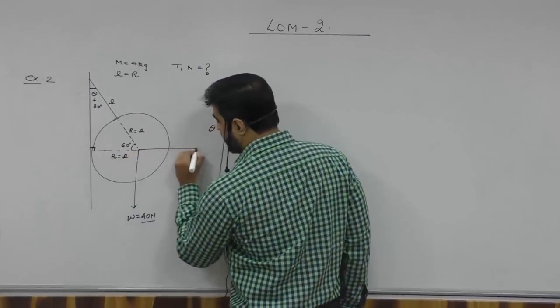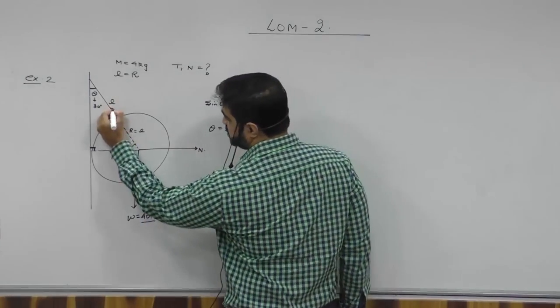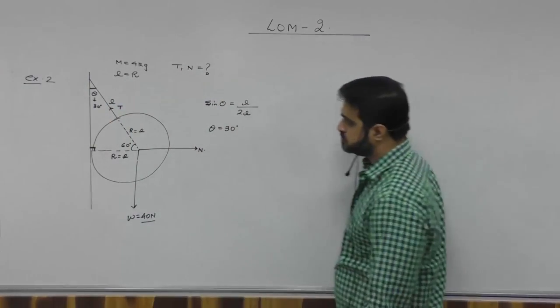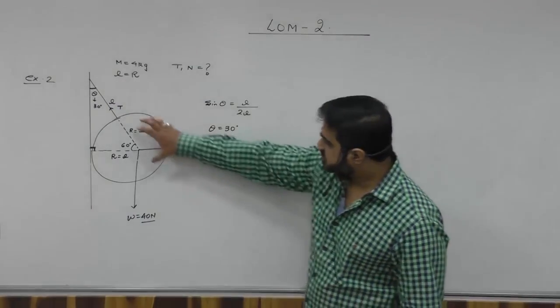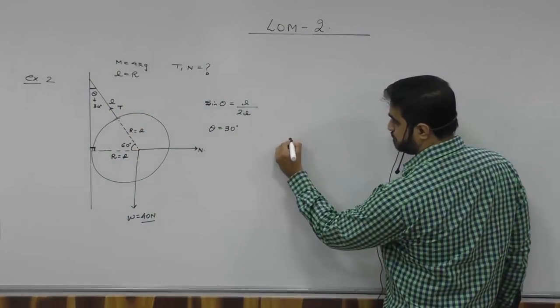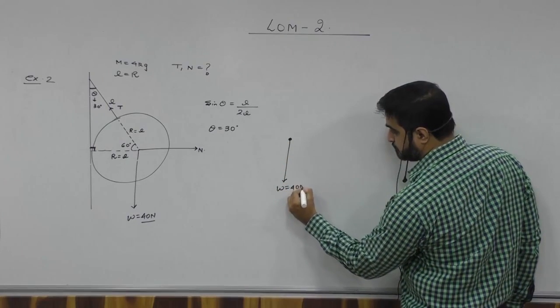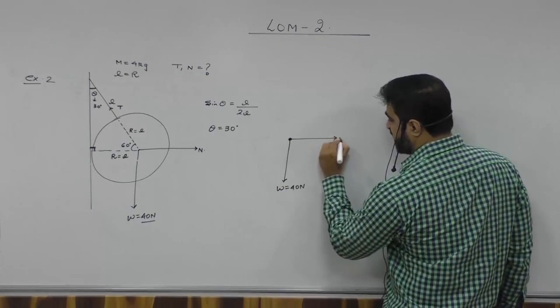Now where is the normal reaction coming from? From the wall. So normal reaction will become this way. Where the tension? Tension is here. If I concentrate the whole sphere at the center, this will be weight W. This will be the normal reaction.